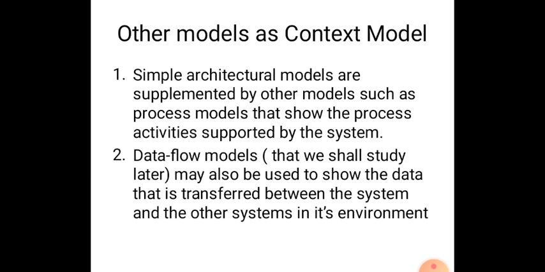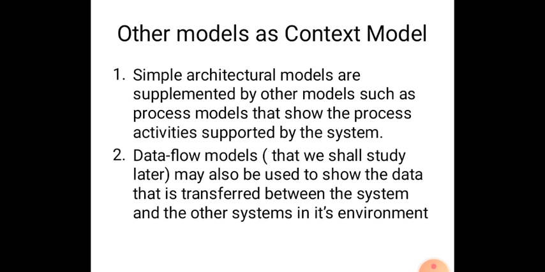So students, as I told you, the architectural model has its own limitations. So naturally, when you want to take up the context of a system, merely the architectural model is not sufficient. You may have to take help of other context models such as the process model. These process models show how the process activities are supported by the system.